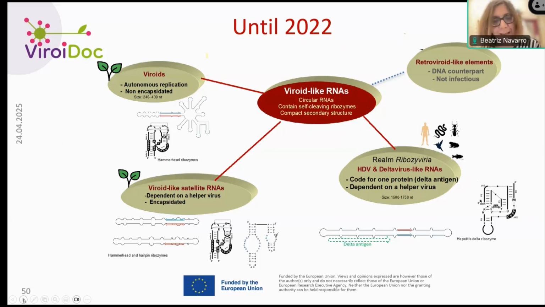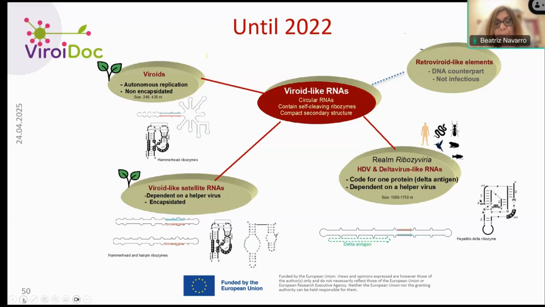Coming back to the hypothesis that viroids are relics, fossils, of an RNA world that is supposed to have existed before the world nowadays, which is cellular and based on DNA and proteins, Diener already hypothesized that viroids were fossils from that period.